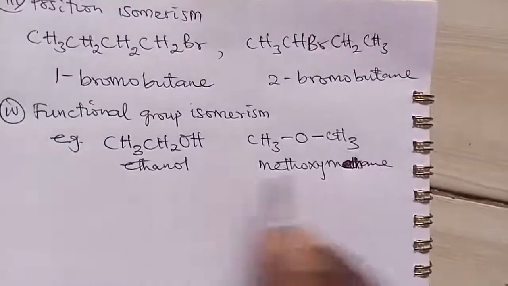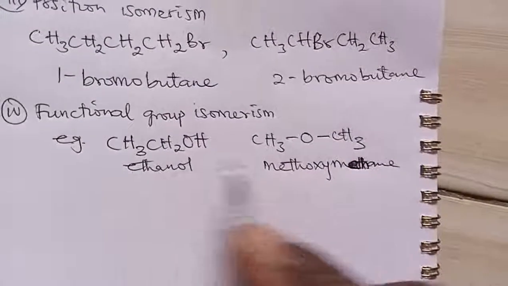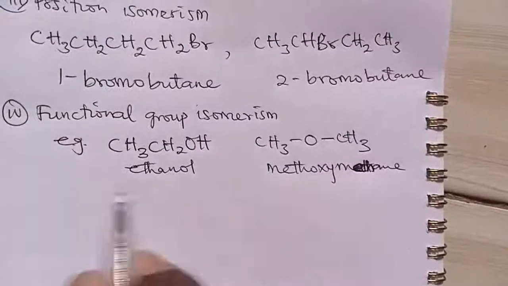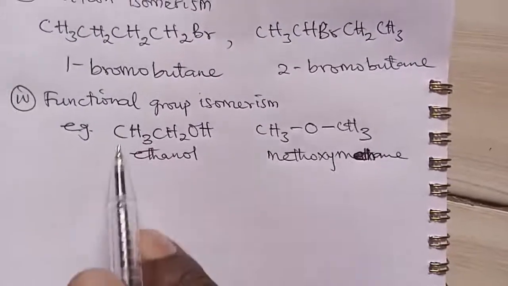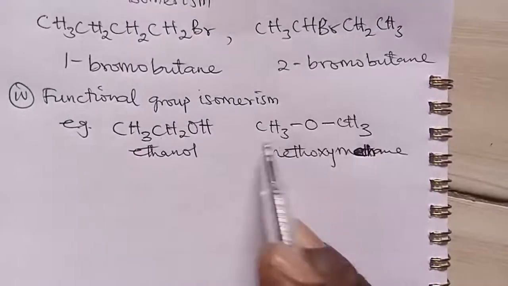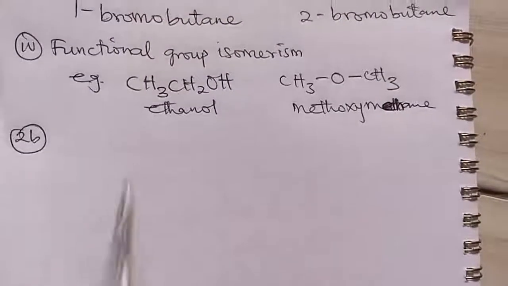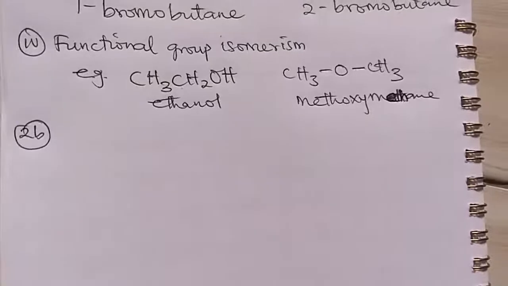So you can see both of them have two different functional groups, two different homologous series. But how many carbon atoms? 1, 2. How many carbon atoms? 1, 2. So this one is an alcohol group, this one is an alkoxy group.